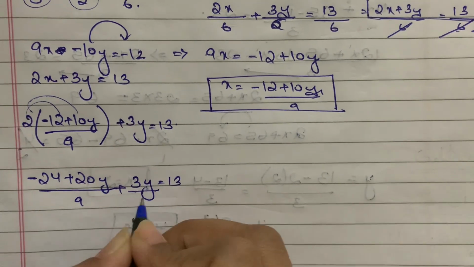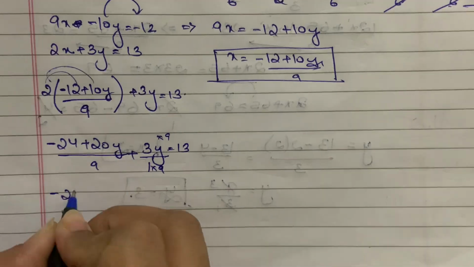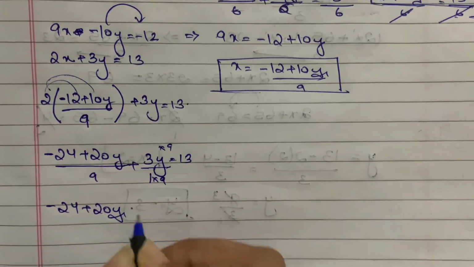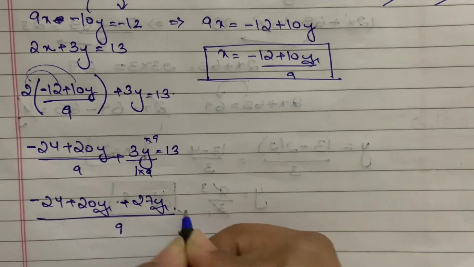To make the denominator the same, multiply by 9 here and by 9 there. It becomes minus 24 plus 20y plus 3 nines, 27y, by 9 is equal to 30.